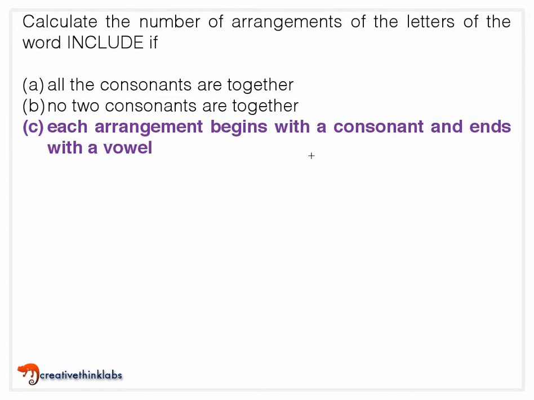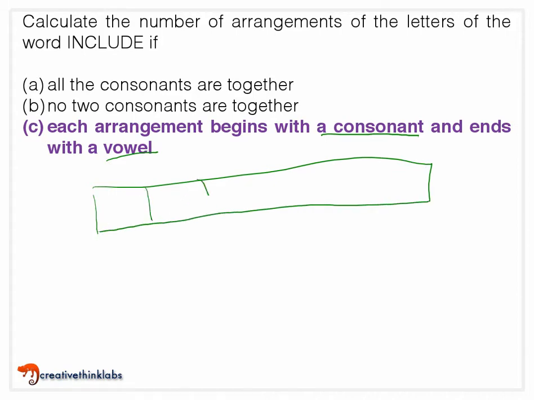The last part here, it must begin with the consonant and it ends with the vowel. Again, let's meet the restrictions first. So since it says it must begin with the consonant, we know that there are 4 consonants, so I can arrange in 4 ways. And then the last box here, it must end with the vowel. There are 3 vowels, so there are 3 ways.